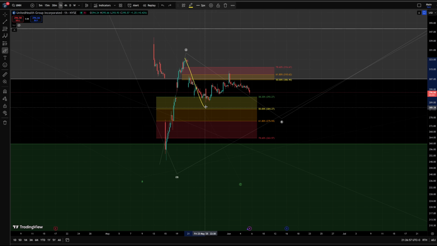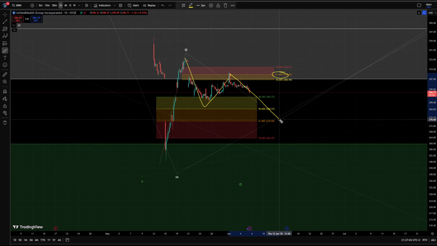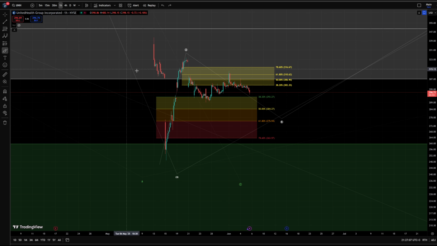So wave A, a wave B up that reacted to the golden ratio at 61.8% retracement, and then a wave C in the making down.